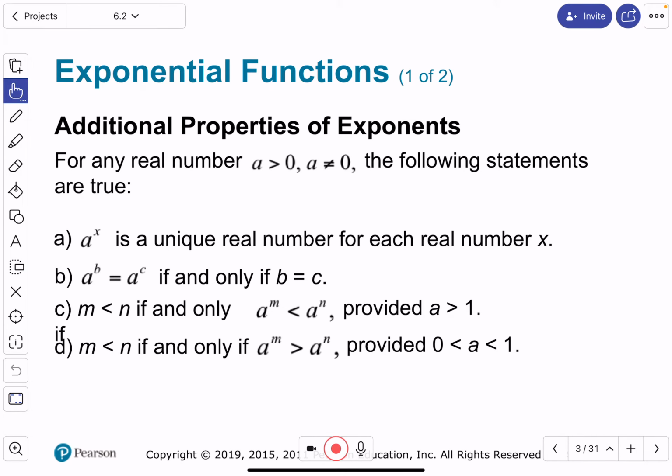So if I hit enter, I typed minus instead of negative. This x value is negative root 2. The y value is what 0.5 to the negative root 2 equals. So that's how you can do that on your calculator. On Desmos, you would put this as your y equals, and then in the next box you'd type x equals negative root 2, and then find the point of intersection.